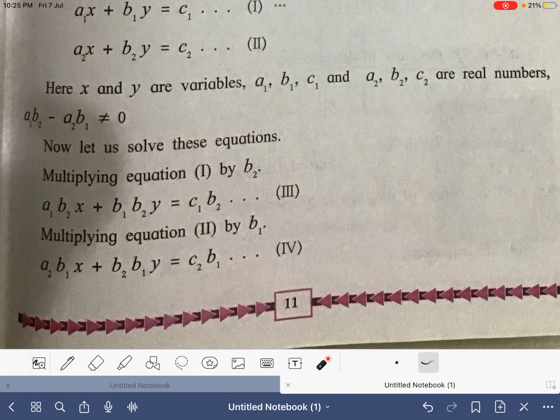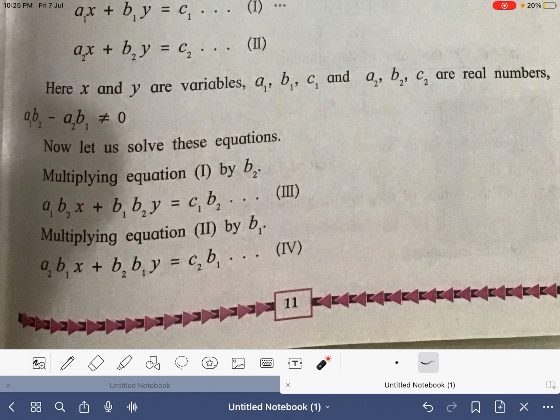Now let's assume this is the third equation and this is the fourth. We get these two equations after modification. Here the coefficient of y is b1 b2, and here the coefficient of y is also b1 b2, and look at the signs: here it is plus, and here it is also plus.